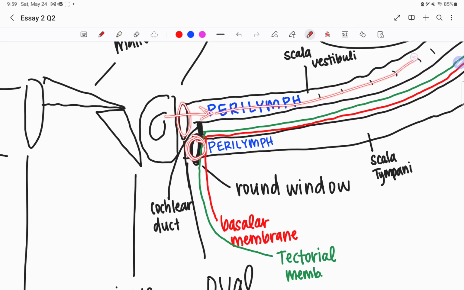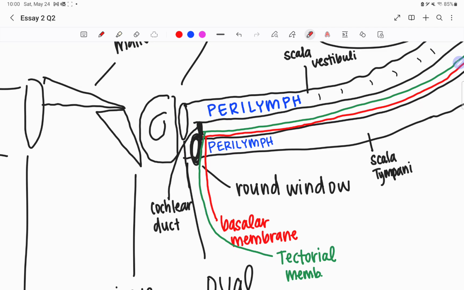So it comes back down through here and hits the round window, and so as this comes in, this pushes out. Or vice versa. There's got to be a little give and take, because we can't get rid of any fluid. The fluid is always going.